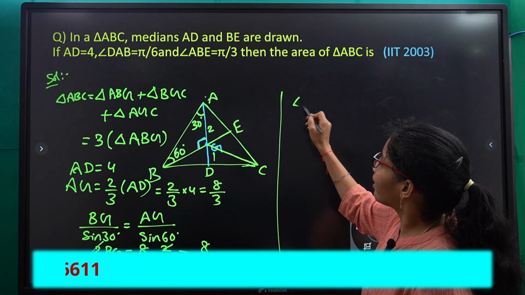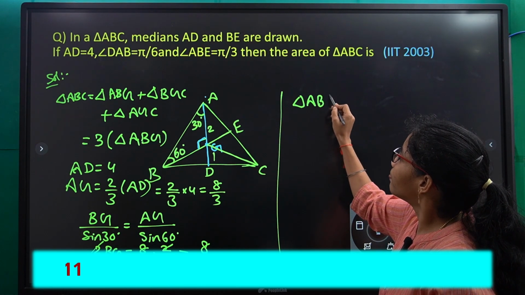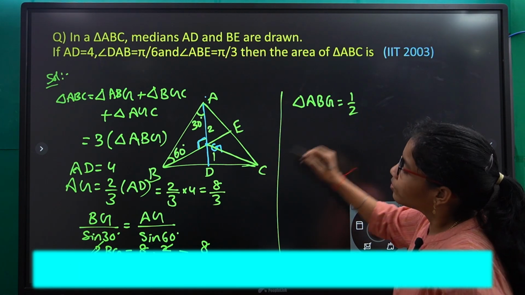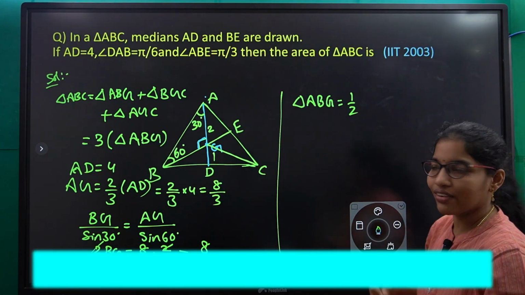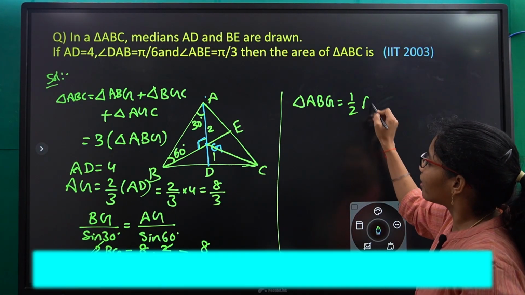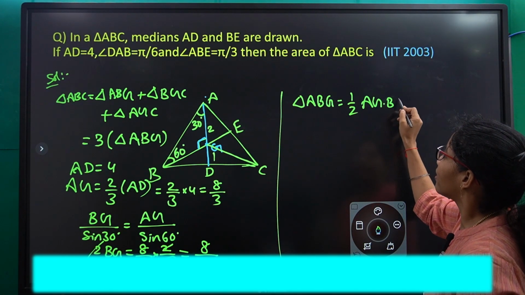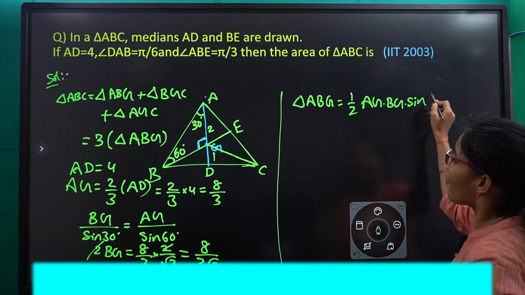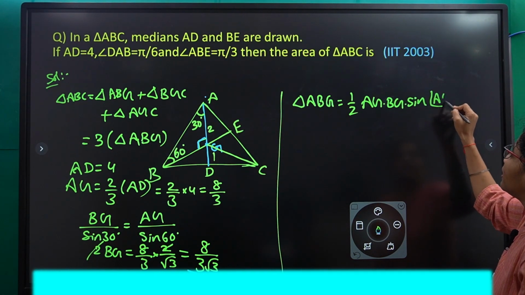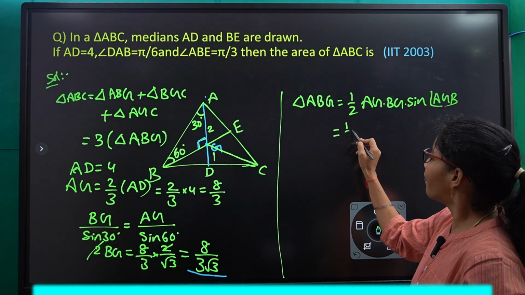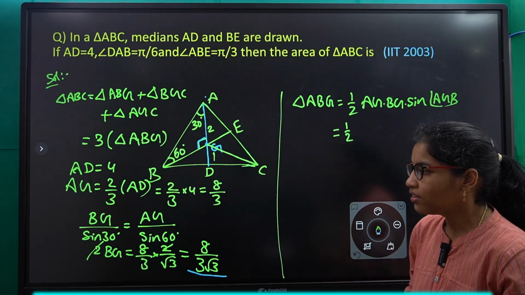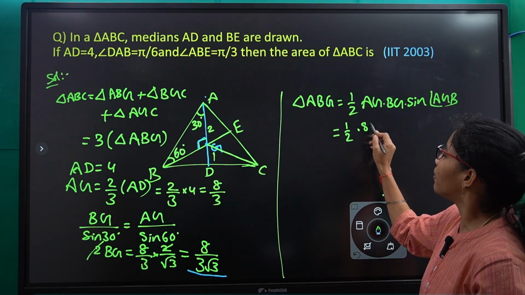What is the area of the triangle AGB? Half into 2 adjacent sides into sine of the including angle, right? So what are the adjacent sides here? AG into BG into sine of angle AGB. Clear? Half into, what is AG here? AG we are getting here 8/3.